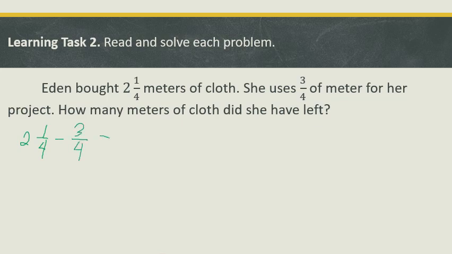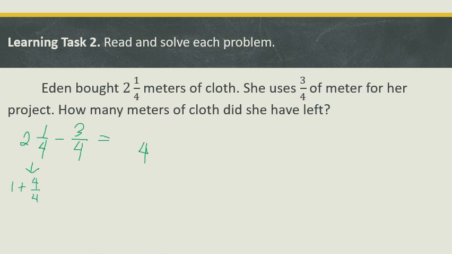So, ipag-subtract natin siya. So, since ito po ay sila pa ay similar fraction, kokopyahin lang natin yung kanilang denominator, which is 4. Then, ipagmaminus daw yung 1 minus 3. So, hindi siya pwedeng i-minus. So, kaya yung 2 and 1/4, manghihiram sa 2 para mas mataas yung ating 1/4. So, ito pong 2 and 1/4 ay magiging 1 plus 4/4.